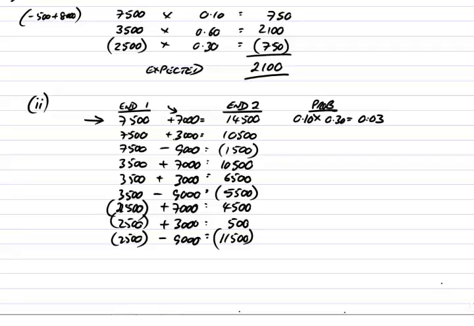The probability of getting 14,500, 7, happens 30% of the time, 30% of those 10% of the times that we got 7.5 in the first period. Now, if you need, sit and think about that for a minute or two, but once you've sorted that out, it then gets very easy.